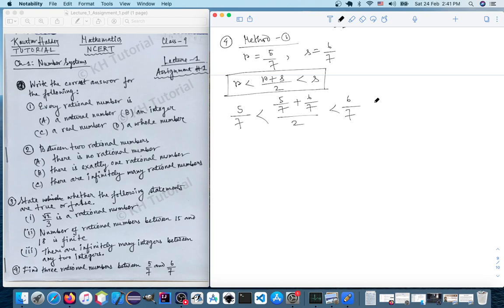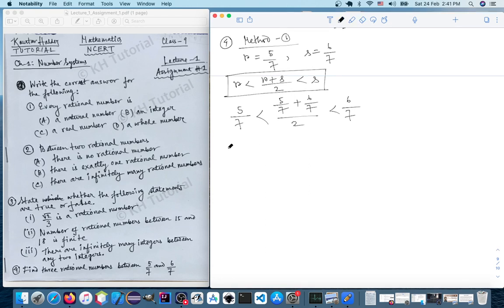If you simplify the term in the middle, 5 by 7 plus 6 by 7 is 11 by 7, and then we have this 2 in the denominator, which becomes 11 by 14.